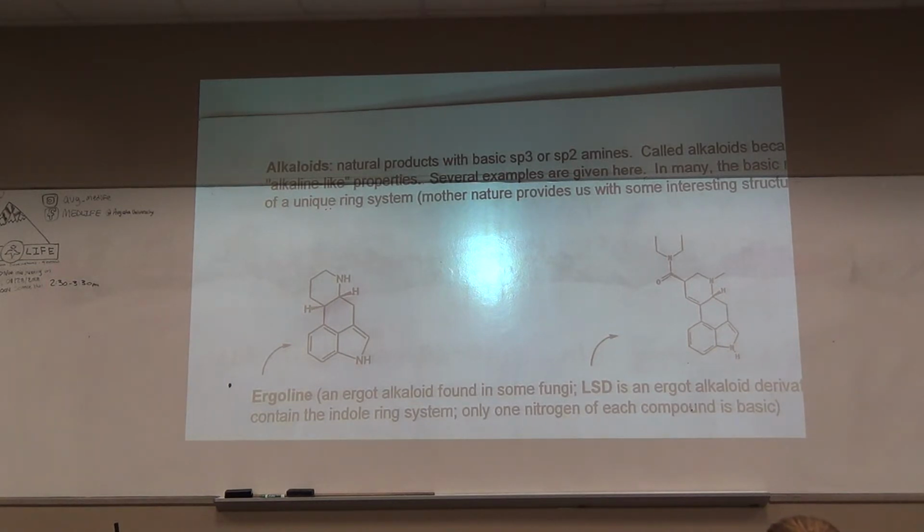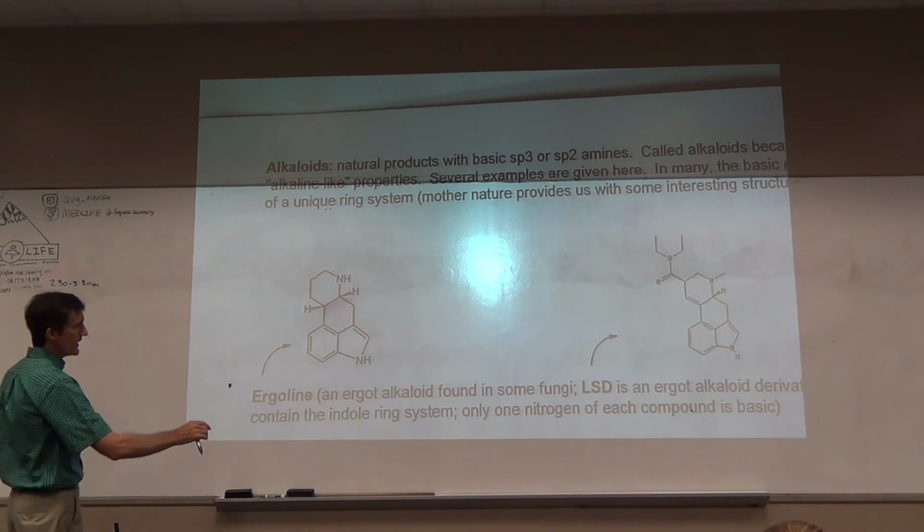Neutral sp3 nitrogens and sp2 nitrogens are basic. Those are the types of bases that are found in nature, particularly organics. Now you can find carbonate in nature. Carbonate's a base, but that's an anion. In nature, your most common neutral bases are nitrogen-containing compounds.